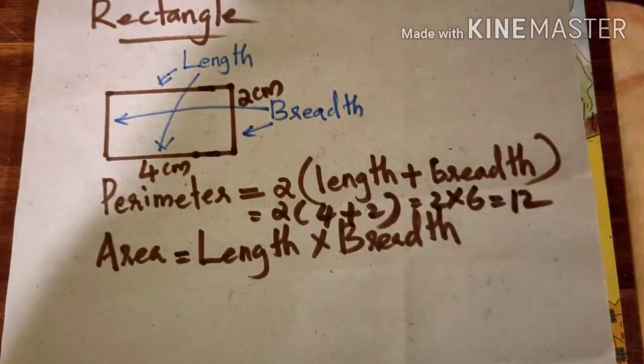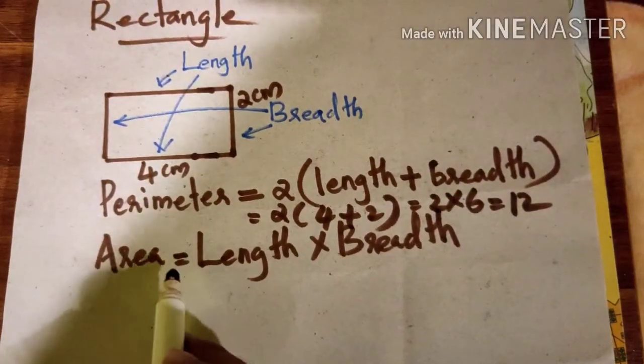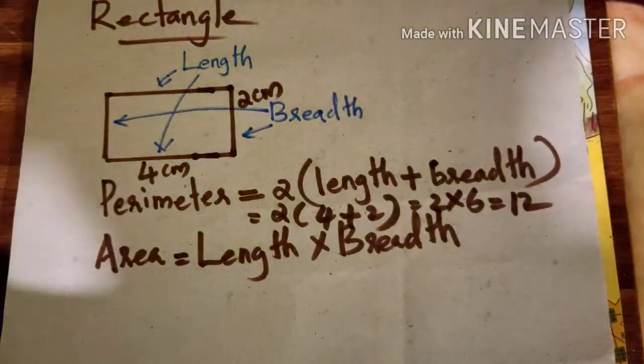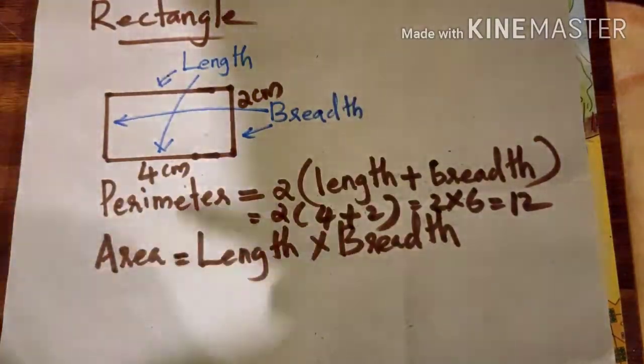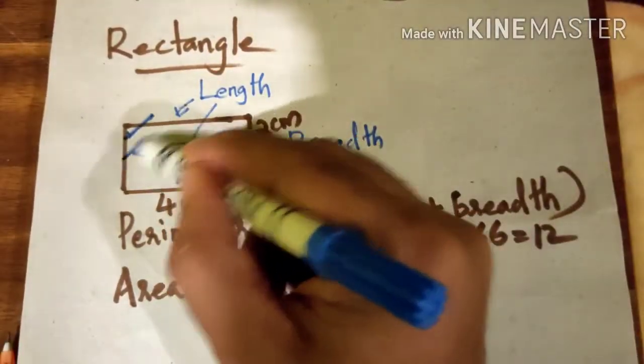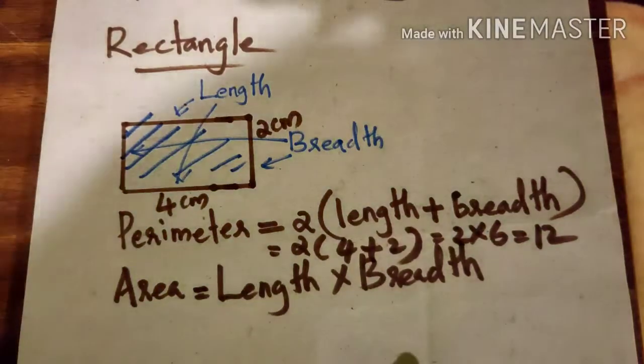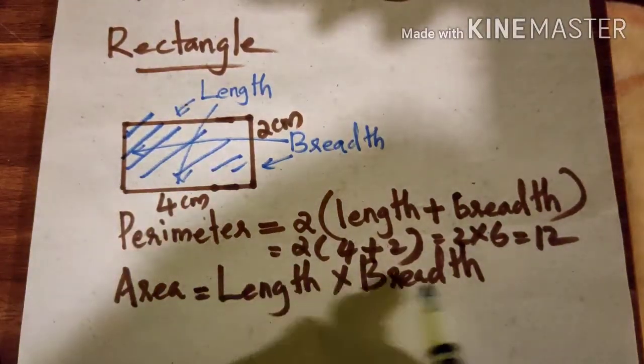Now let's find area. Area is equal to length into breadth. You can see from the figure, this shaded portion represents area. Area is equal to length into breadth.